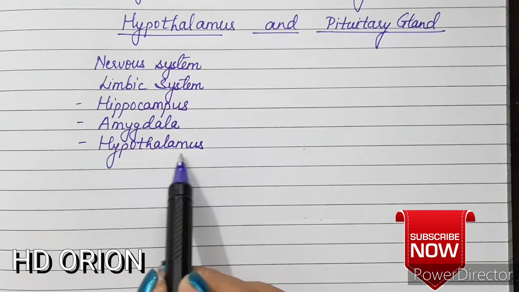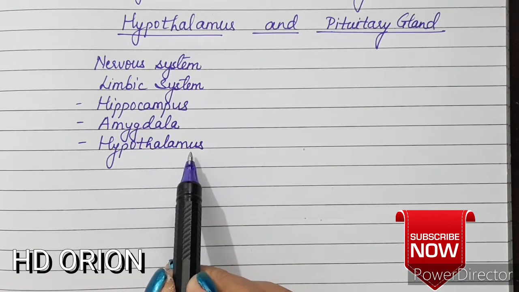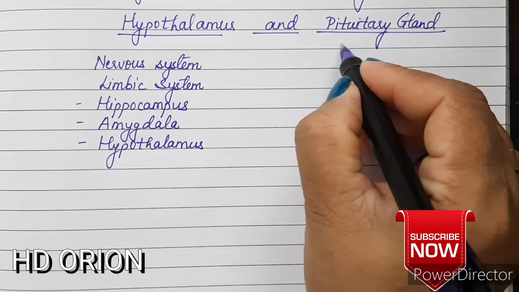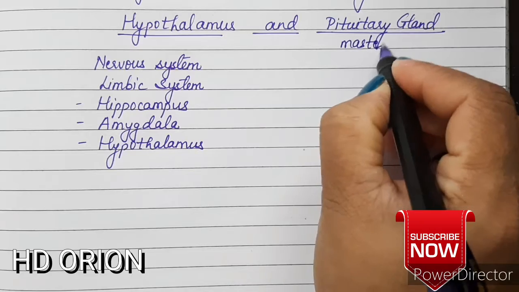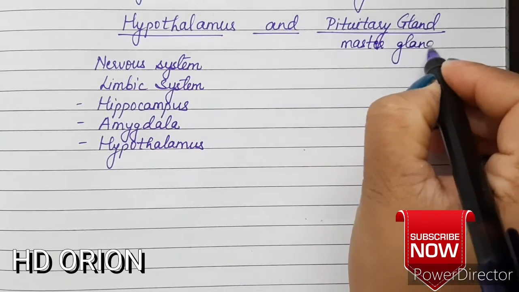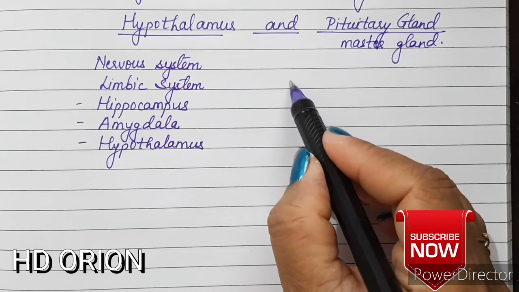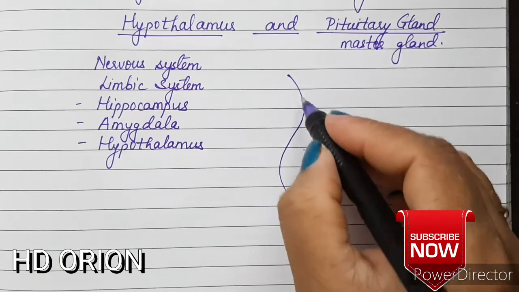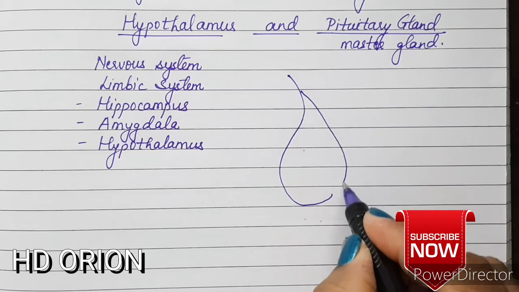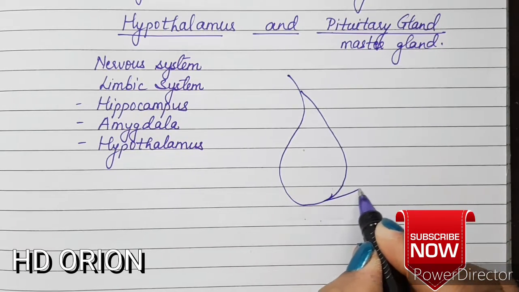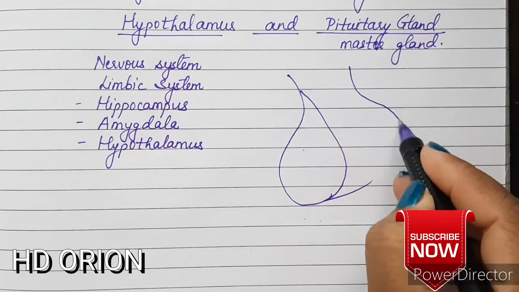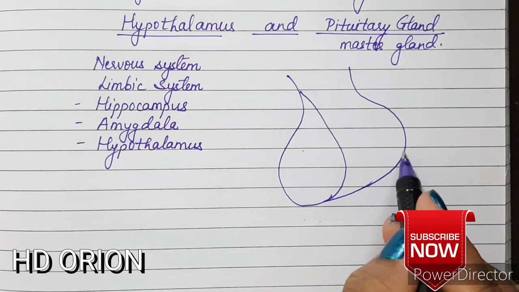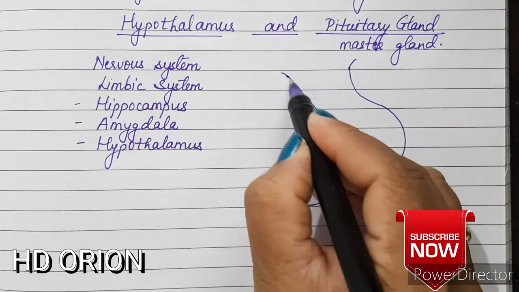So this is actually the floor of thalamus to which the pituitary gland is attached. So the pituitary gland is also known as the master gland. I'll draw a small diagram. This is the P-shaped pituitary gland which is connected to the hypothalamus.